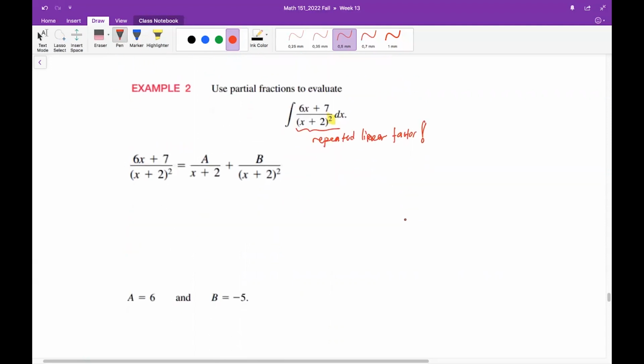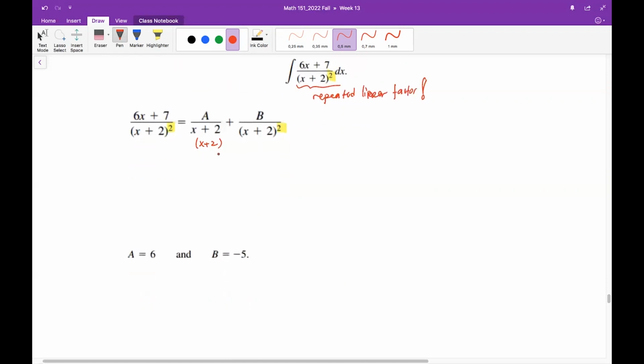Okay, how do you decompose it? This is your rational function. The rule is you keep writing the same factor till you reach the exact power given in the question. This is your partial fraction decomposition, and then you need to start expanding things on the right to find the coefficients a and b.